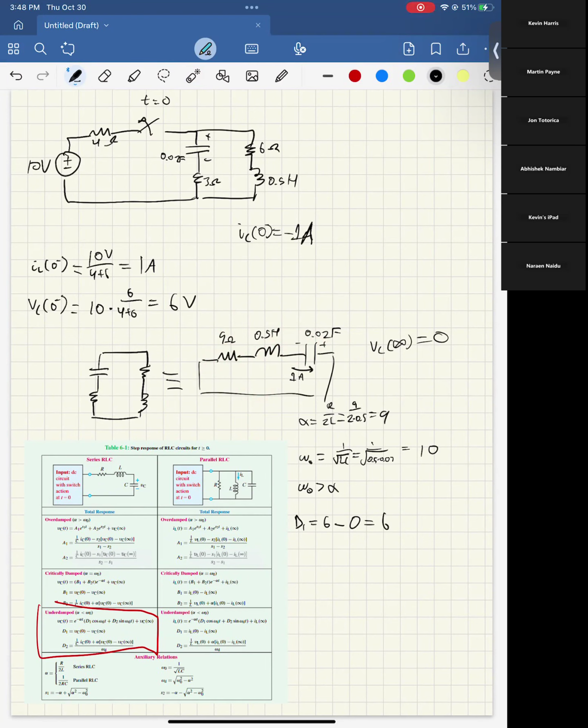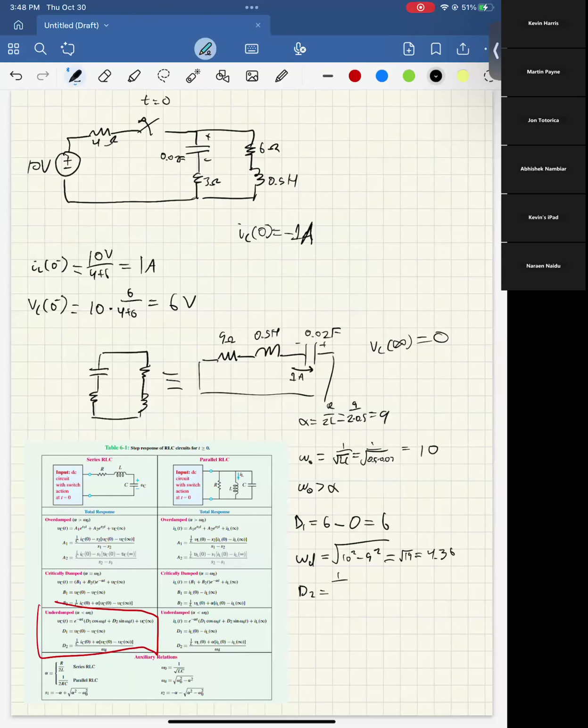Now for D2, we need that omega D term. I honestly have no idea what that is, but they have an equation for it, so I'm using that equation. It's the square root of 10 squared minus 9 squared, the square root of 19, which is 4.36. Now for D2, we use the big equation.